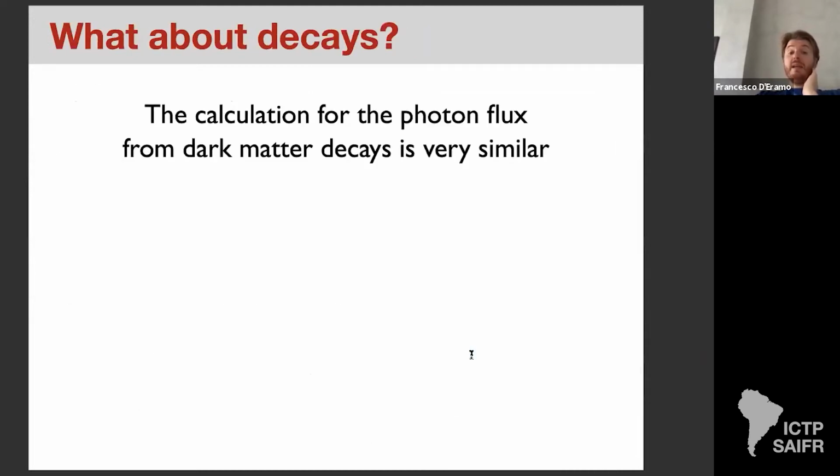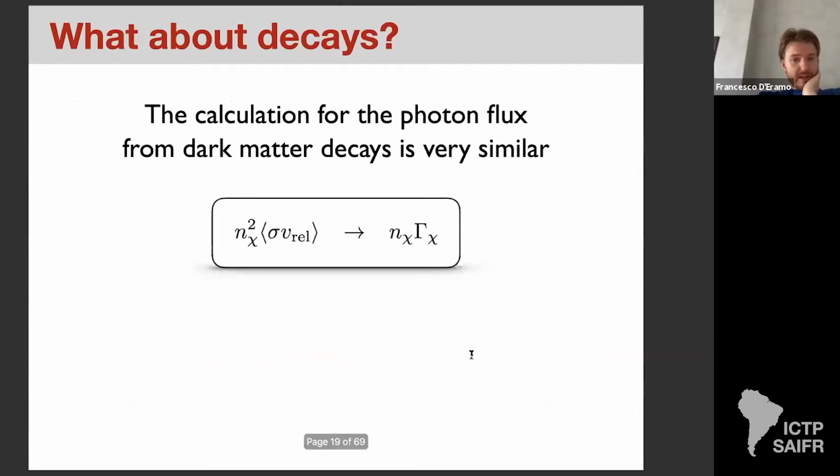So if you have decays, the calculation for the photon flux is very similar. There are some changes. So I tell you what you need to change, and then you can try to rederive everything. So the only difference is actually here. When you change from annihilation to decays, you replace this just with one single power, because now you do not have two particles in the initial state, you just have one.